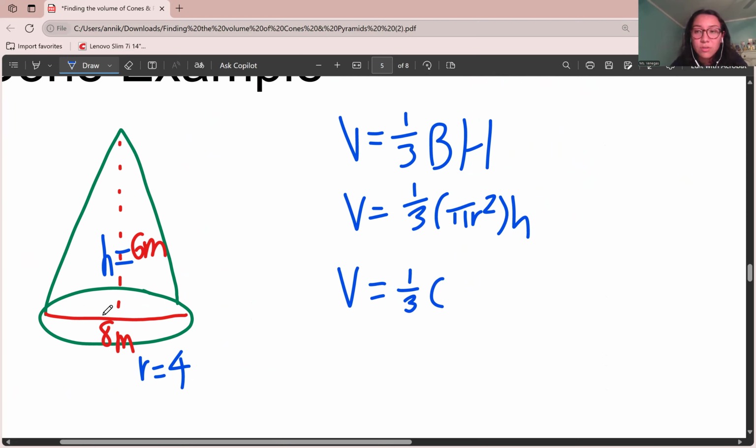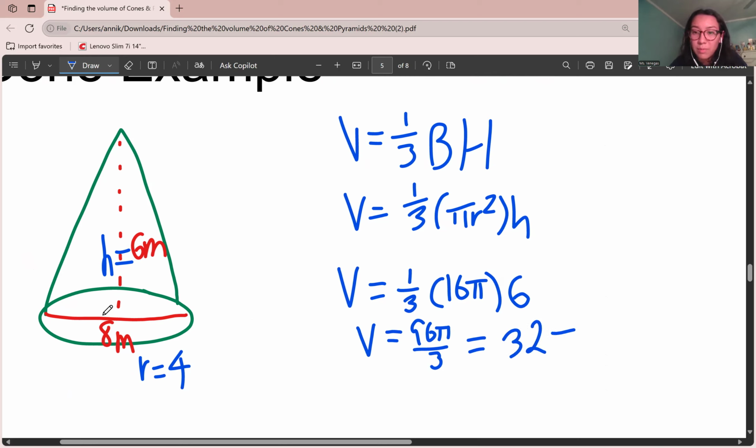That's 16. So 16 pi times 6. Now we have volume equals 16 pi times 6, which is 96 pi. And then we're going to do 96 pi over 3, which is going to end up being 32 pi.